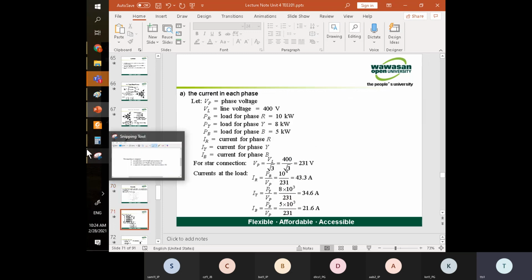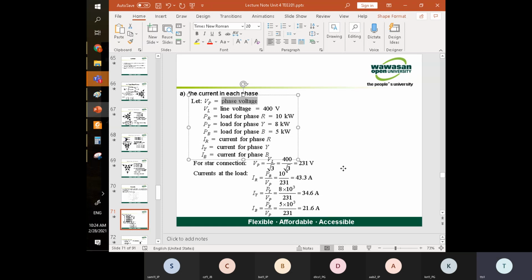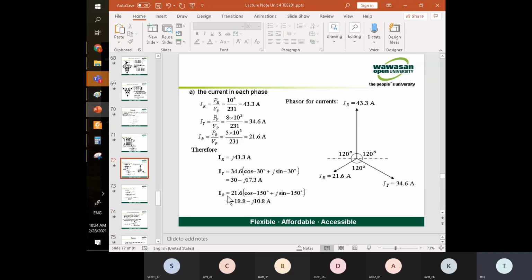So you can follow the steps here. Convert this, called the line voltage, to the phase voltage, they call it V phase. Just follow the steps here, and eventually you come up with this phasor triangle showing each line current.